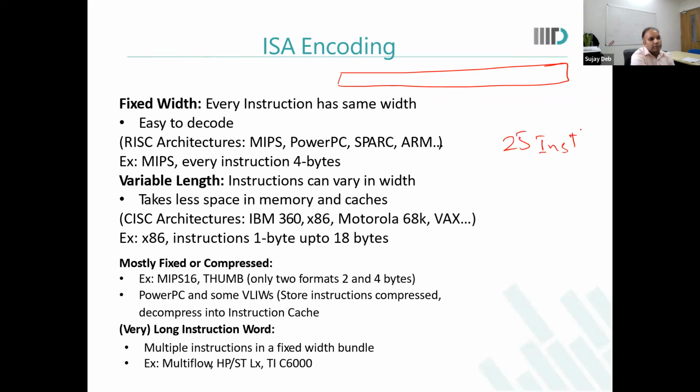So I'm building a processor, and I'm also building the ISA for that processor. I identify that I will be dealing with 25 instructions. To uniquely represent each of these instructions, I'll need at least how many bits?